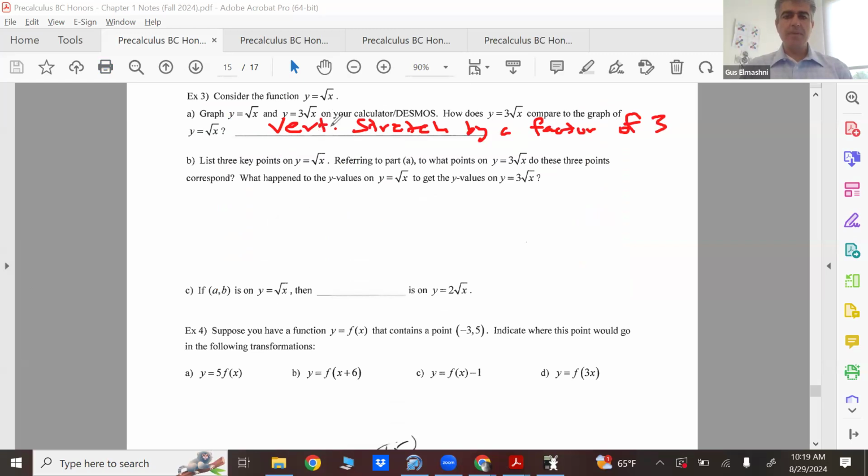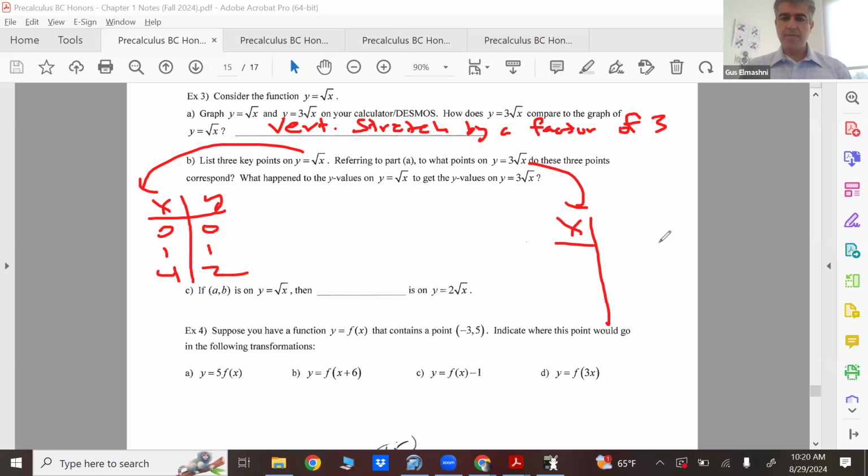Okay, cool. So the key points here: my domain is clearly x is greater than or equal to 0, so I have to be mindful about that. So if I do this, easy peasy, multiply by 3. What do I do? Multiply y by 3.